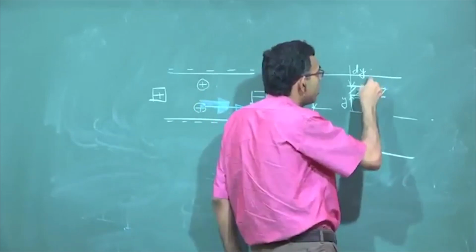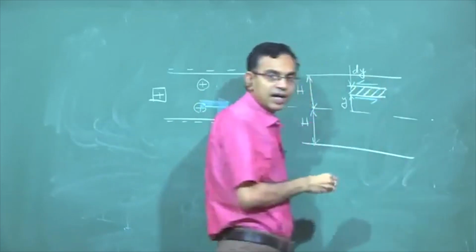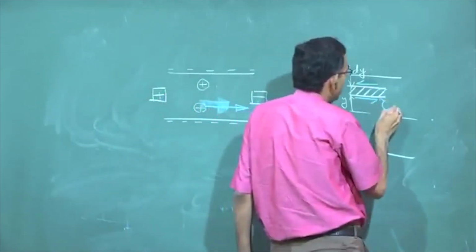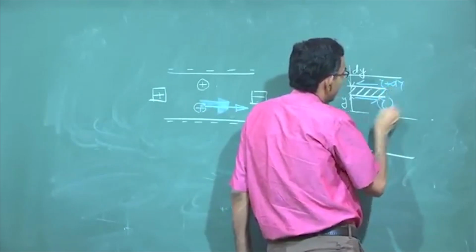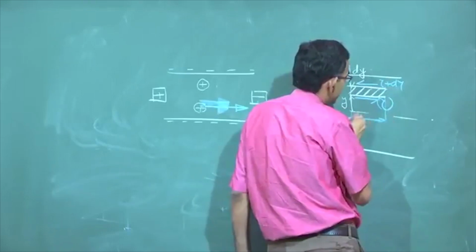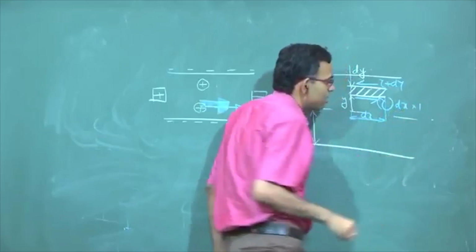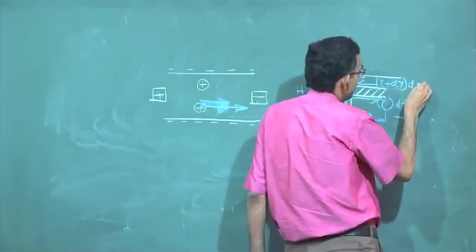Similarly, the top fluid is closer to the wall, so it is trying to create a drag which will try to slow it down. So if we call it tau, this we call tau plus d tau. Let us say the length of the element is dx. So this is tau into dx. Let us say the width of the channel is 1. So this is tau plus d tau into dx into 1.